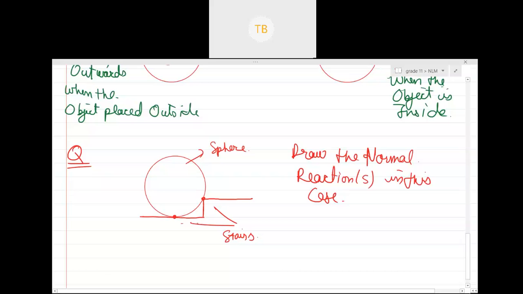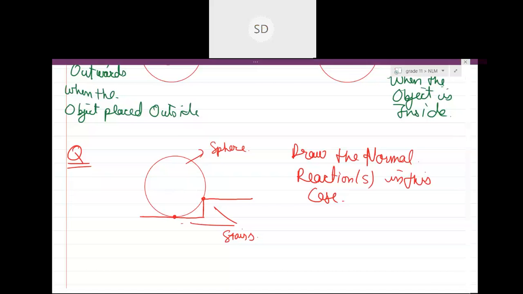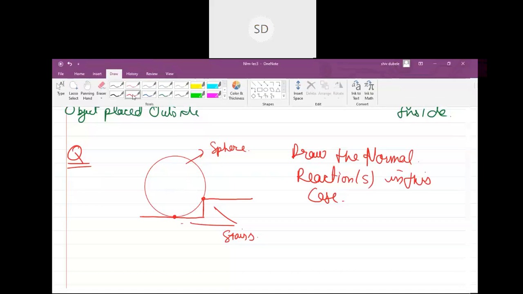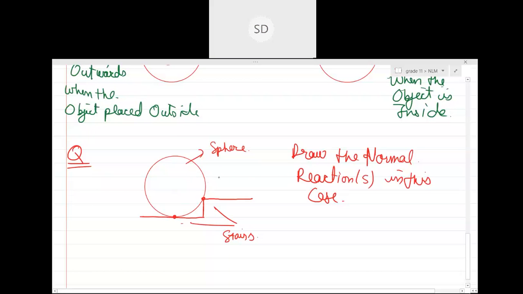Yes, sir. So basically, if I talk about the normal reaction acting on this sphere, what will it be? I'll draw a tangent. So can you see the tangent in both the cases?